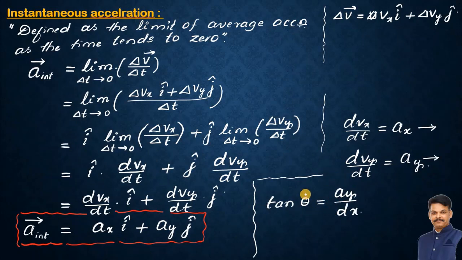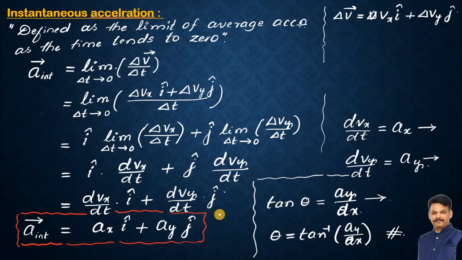So this relationship gives us the information about the direction. Or the same thing can be written as theta is equal to tan inverse of ay divided by ax.